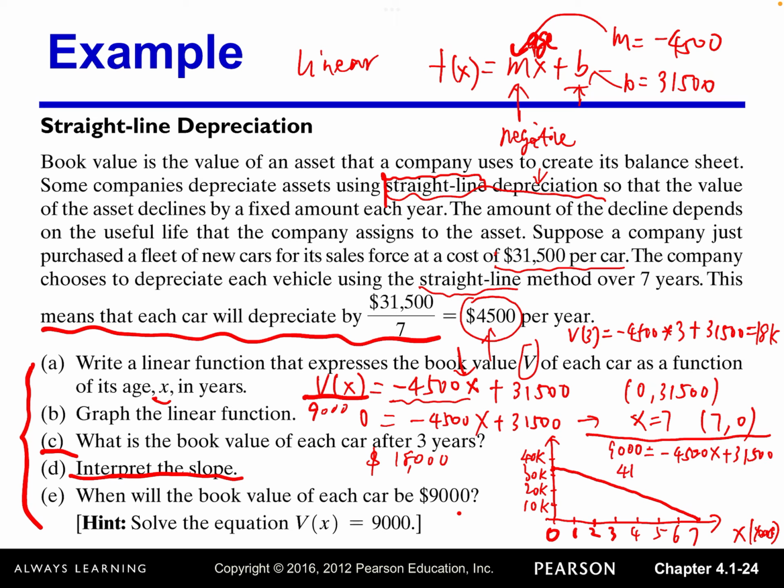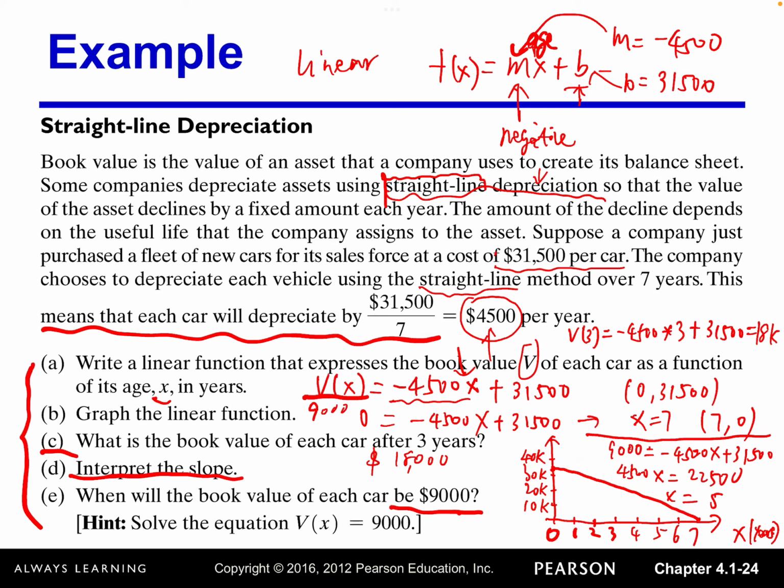So we get 4,500x equals 31,500 minus 9,000, which is 22,500. So we solve x equals 5. So after 5 years, the book value of each car will be $9,000.